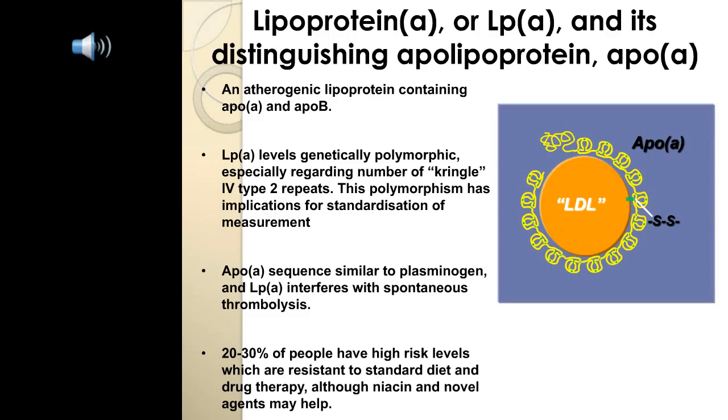The other thing about the Apo(a) molecule is that it has sequence homology to plasminogen, and is therefore likely to interfere with spontaneous thrombolysis, and indeed plasminogen also affects other biological activities such as TGF, and therefore may have other biological effects.